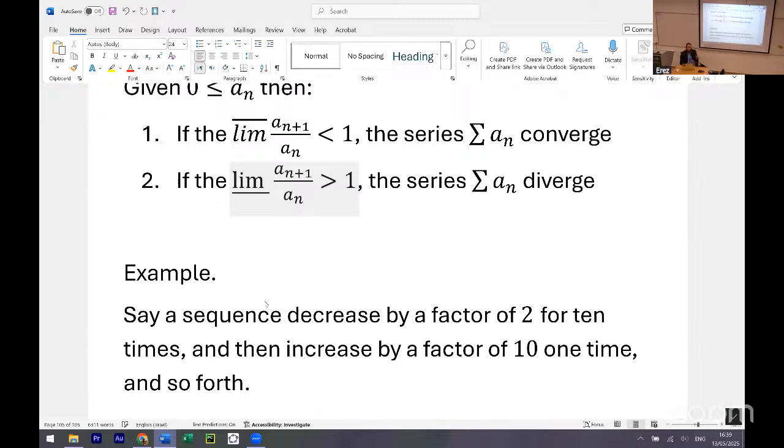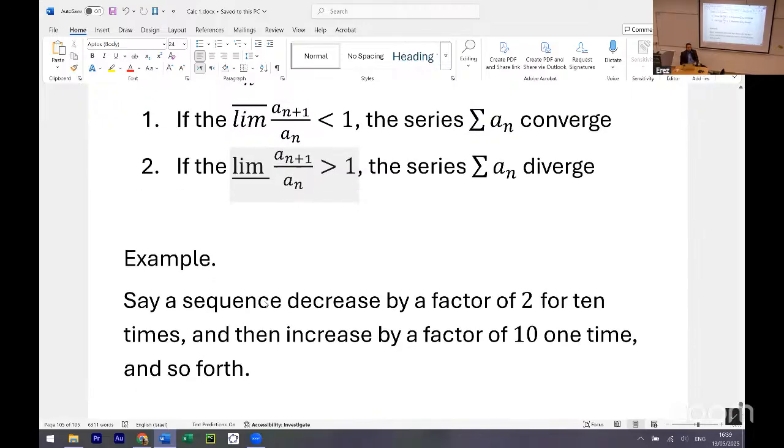Meaning it decreases 10 times by a factor of 2, and then increases by a factor of 10, 10 times by a factor of 2, and then increases by a factor of 10.